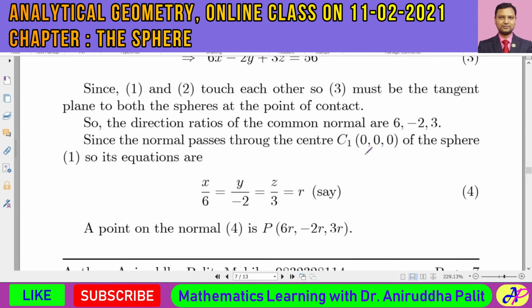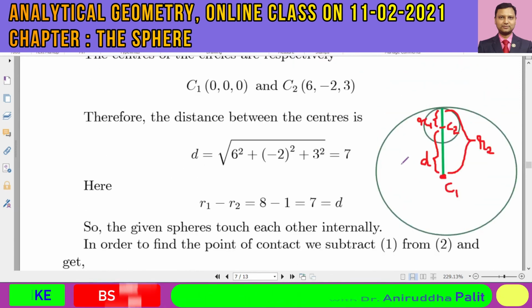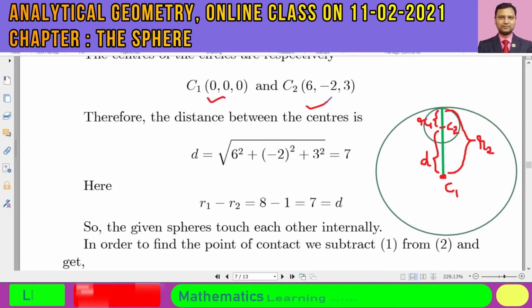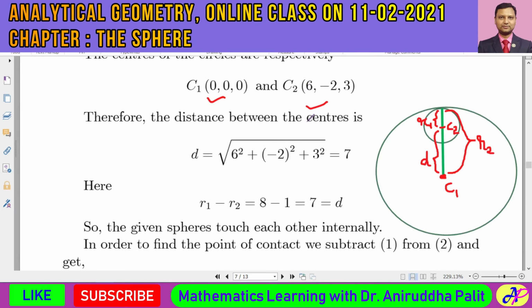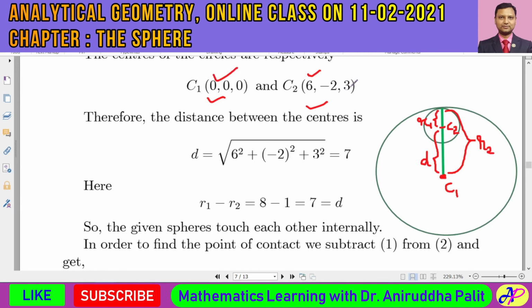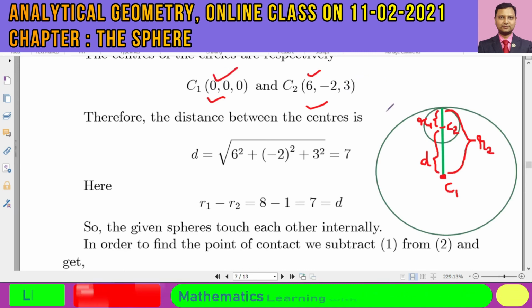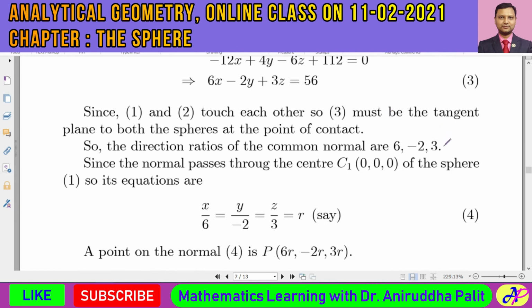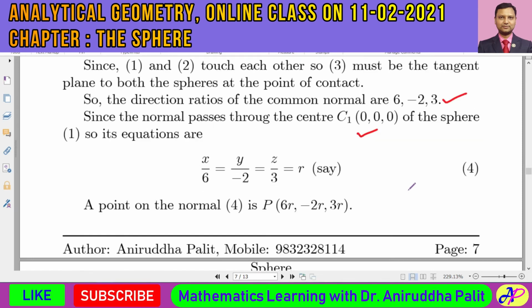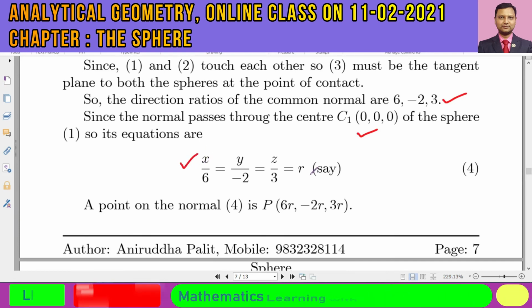We consider this is the center C1, and if we know the coordinates of C1 and C2, we can compute the direction ratios of the straight line joining C1 and C2. How to compute the direction ratios? Just subtract the coordinates of C1 from the coordinates of C2, and you will get the direction ratios. Ultimately we will get this direction ratio, and the normal is passing through the point 0, 0, 0, that is the center C1. So this would be the equation of the normal.